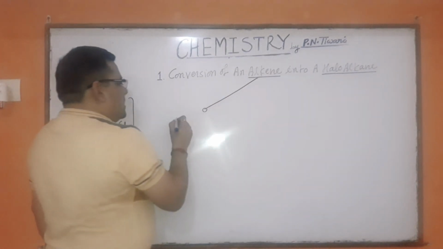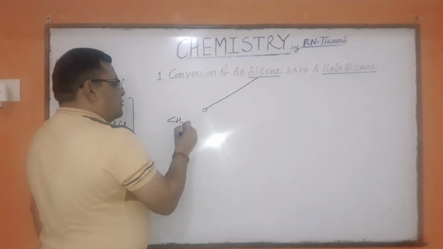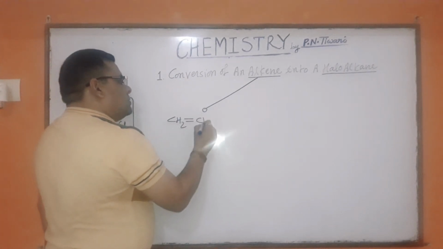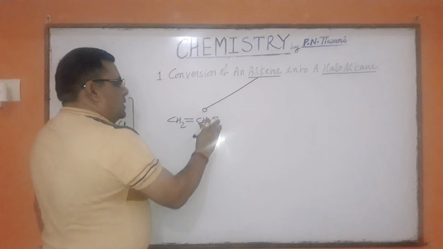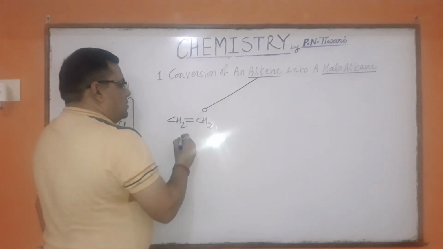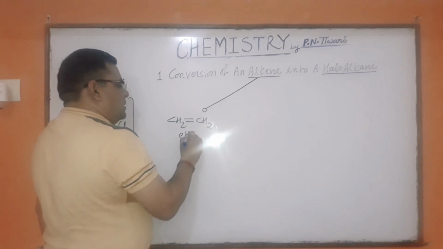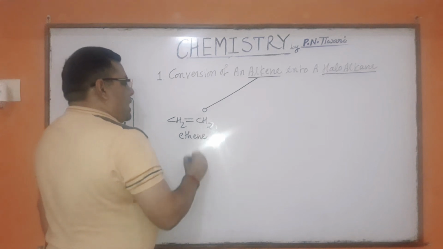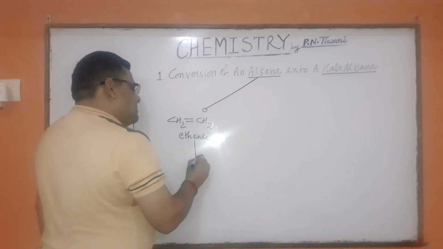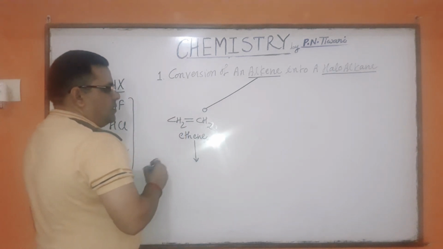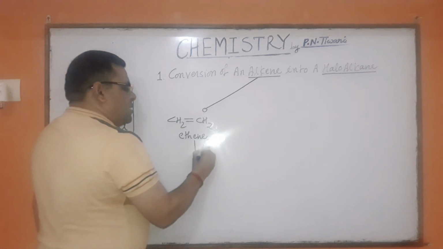If an alkene has an equal number of carbons on both sides of the double bond, then this alkene is called a symmetrical alkene, like ethene. And this symmetrical alkene can be simply converted into a haloalkane by its reaction with any halogen acid.